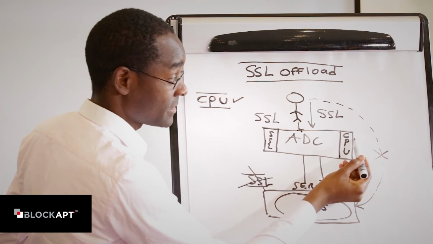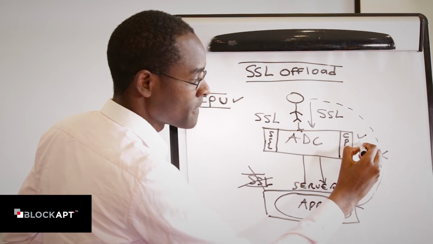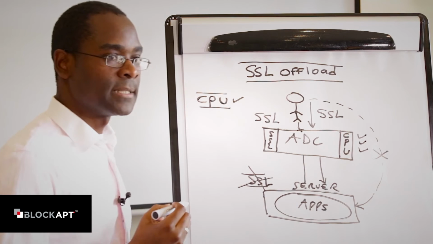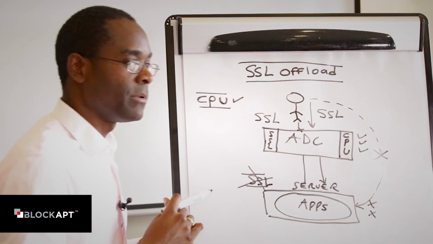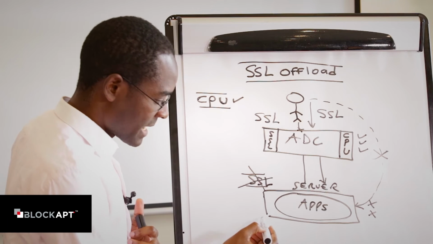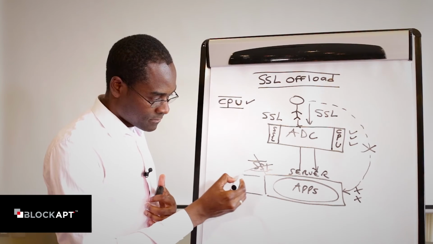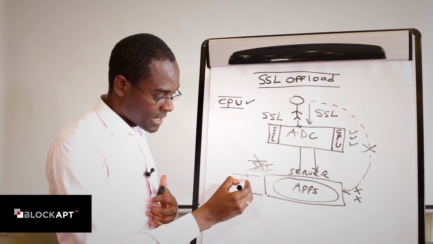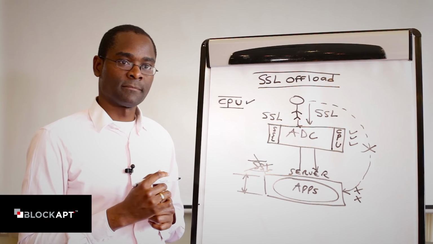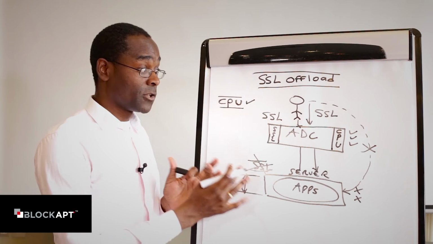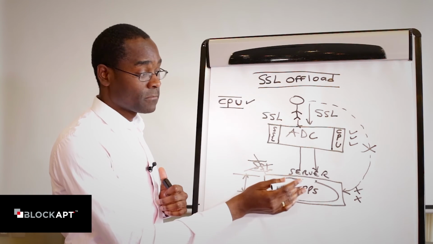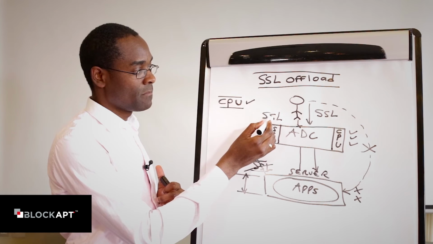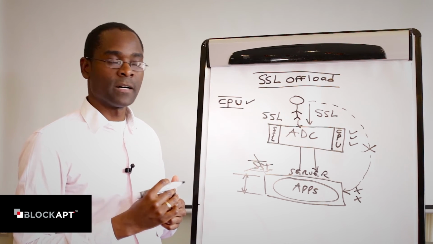So this device is taking all the hard work, where the backend system is doing nothing to do with SSL, which means we can have a lot of CPU spared for our application transactions.